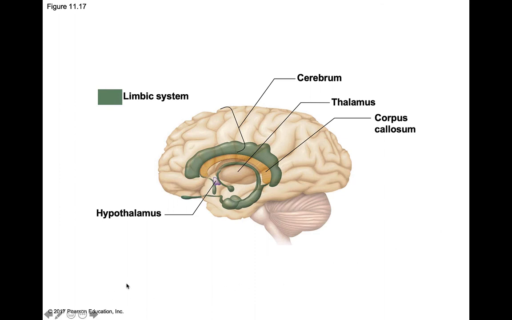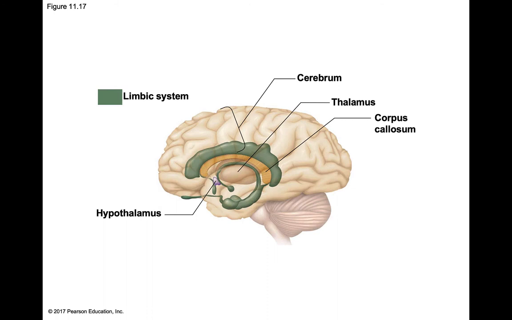Here we can see a couple of areas of the brain, and I want to point some things out. Green is the limbic system, and it's made up of a couple of areas. This small area here, don't let size confuse you, is the hypothalamus. And as I said, the hypothalamus is an especially important part of the brain. It's a bridge to the endocrine system.